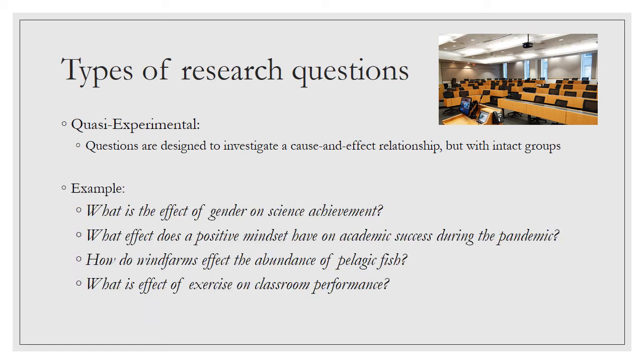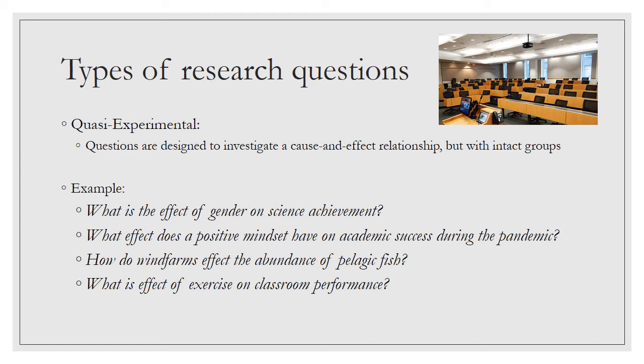So examples here. What is the effect of gender on science achievement? What effect does a positive mindset have on academic success during the pandemic? How do wind farms affect the abundance of pelagic fish? Those are fish that sort of swim in the middle. What is the effect of exercise on classroom performance?